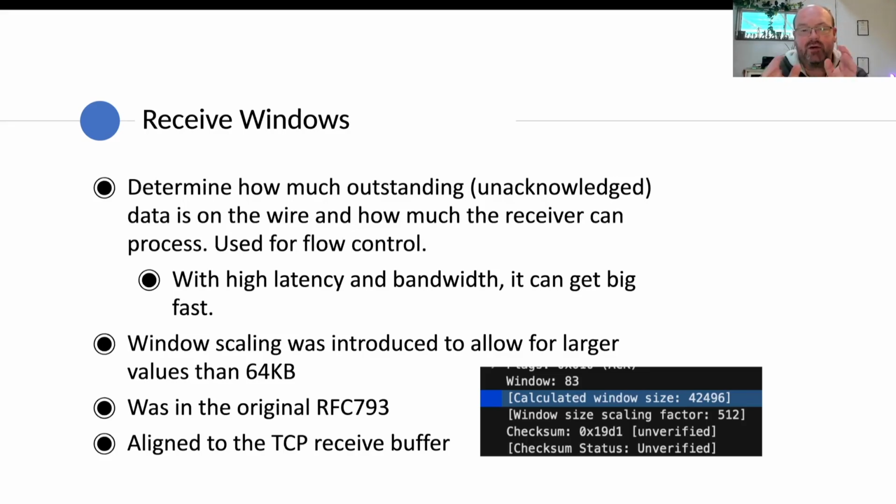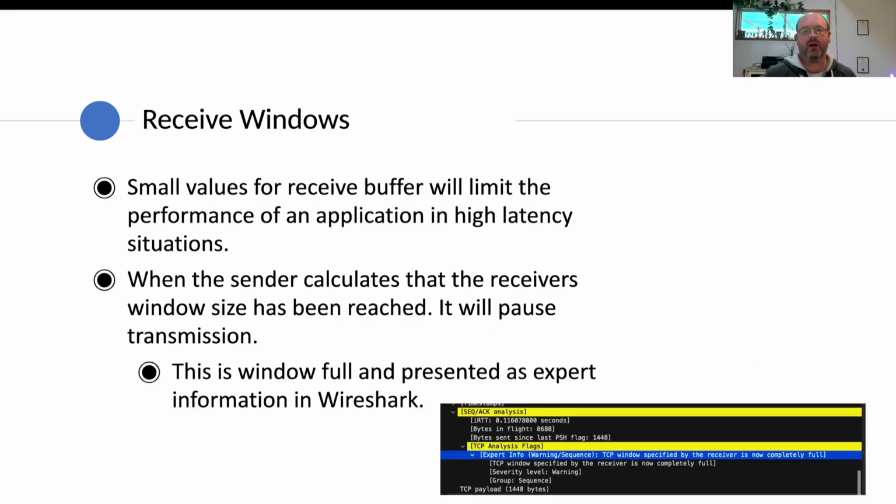The recommendation in documentation is typically to set the TCP receive buffer to twice the size of your estimated window, because your receive buffer determines the maximum size of the window. So small values in the receive buffer will limit the performance of an application in high latency situations, as you can imagine.